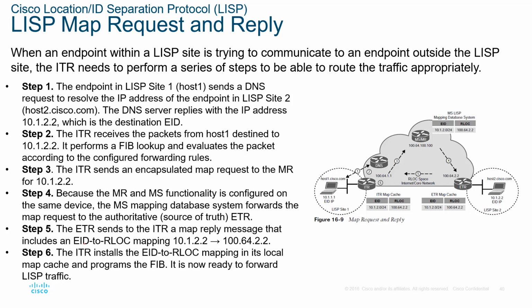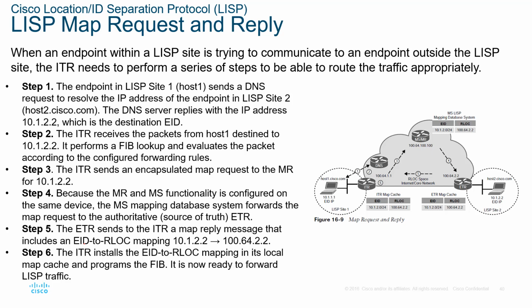Step 5, the ETR will send the ITR a map reply message. This will include the appropriate EID to RLOC mapping. The last step will basically allow the ITRs to install the EID to RLOC mapping to its local map cache, and it will program the FIB to forward the traffic accordingly.